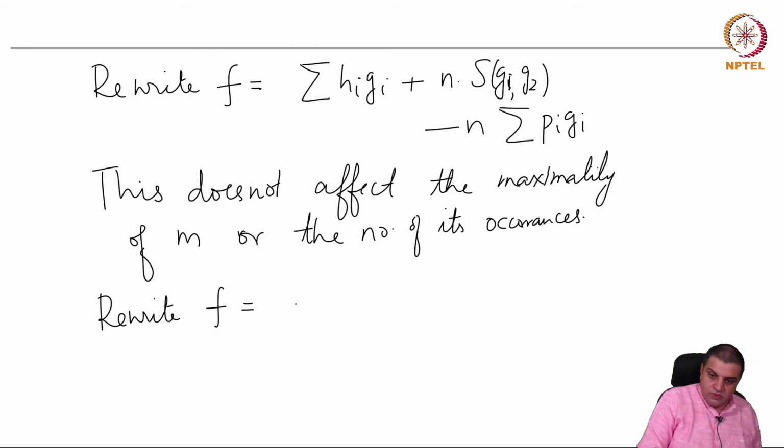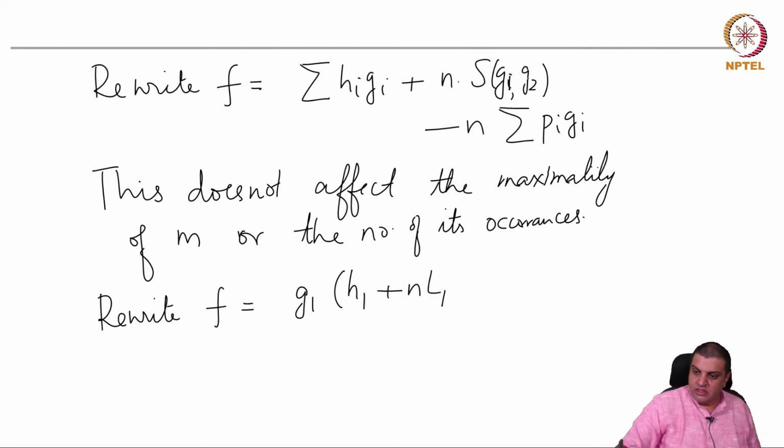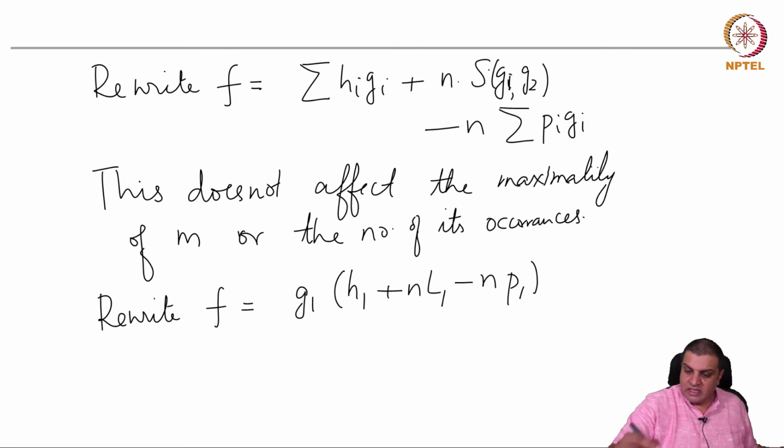G1 times H1 plus n L1 G1, so I'm just calling that n L1, minus n P1. That's just collecting the G1 terms.